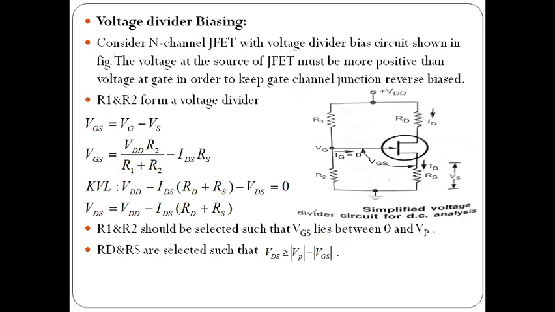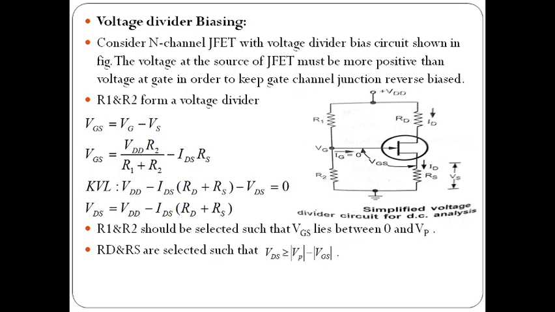What is the advantage and what is the disadvantage? Whatever we discussed in the source self bias, that RS resistor provides negative feedback. Due to that negative feedback, the voltage gain will reduce.